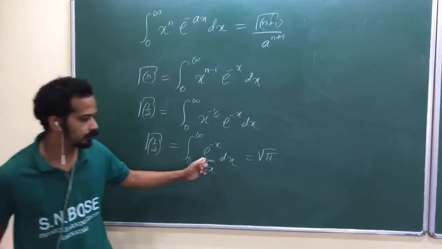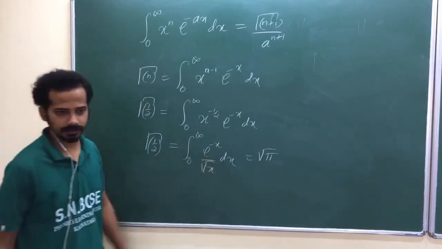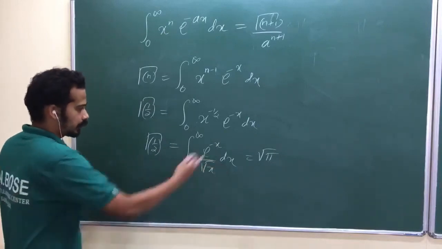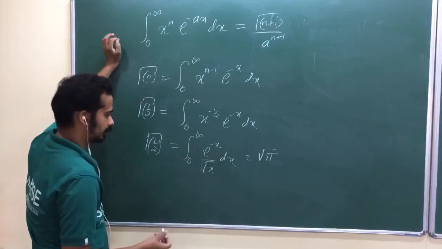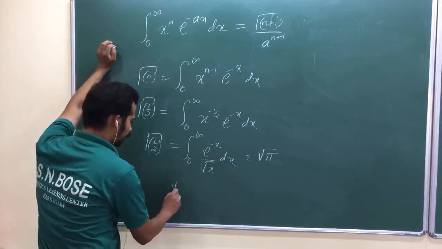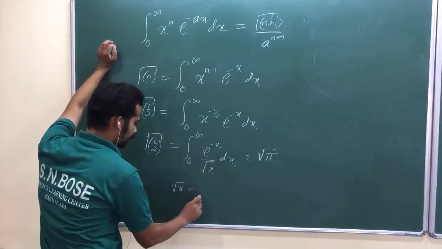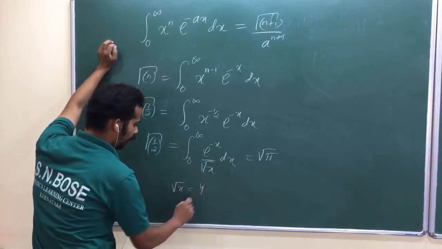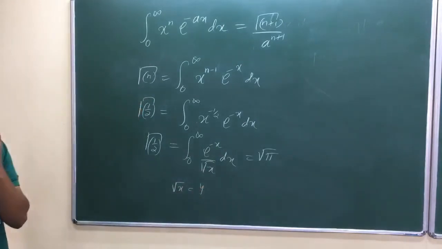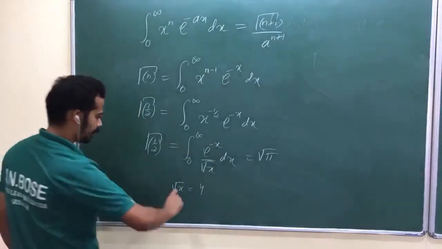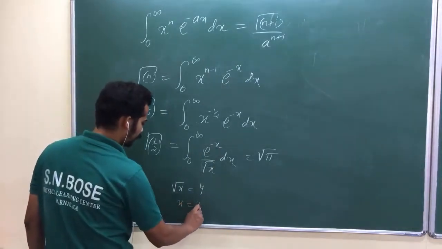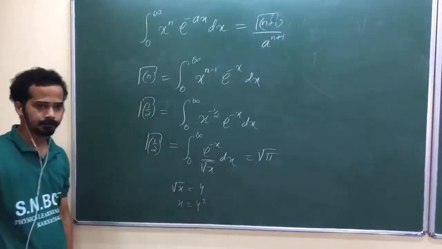Now let me do one small substitution and try to convert this integral, because I can get some more integral answers. What I do is I put root x equal to y. Then x should be equal to y square. Is that okay?